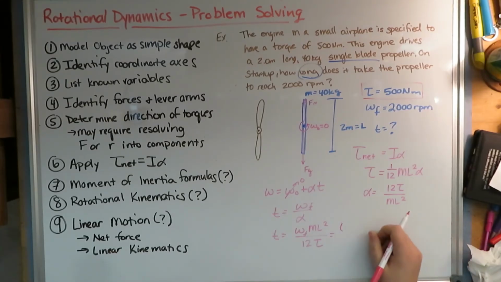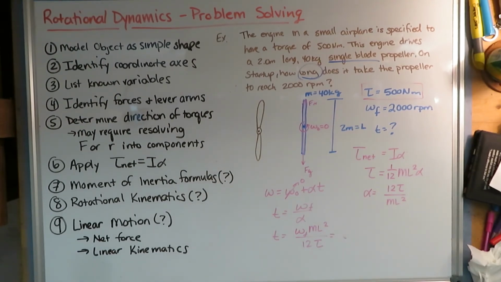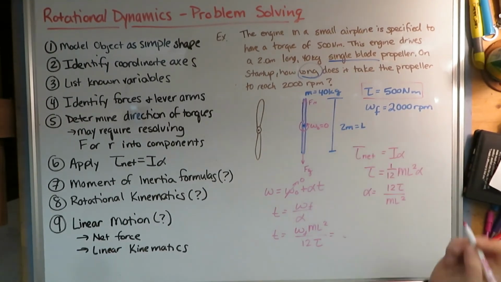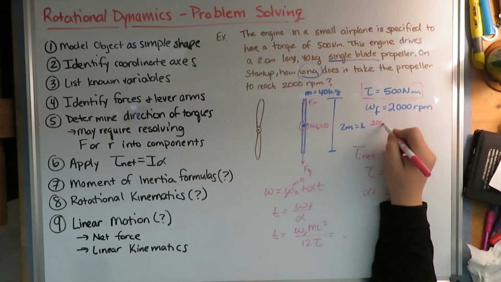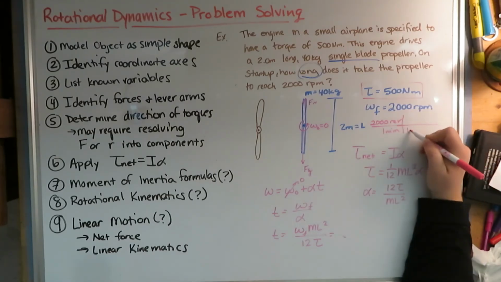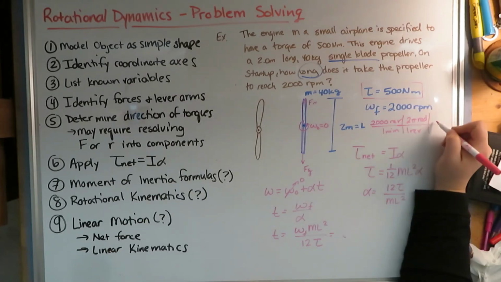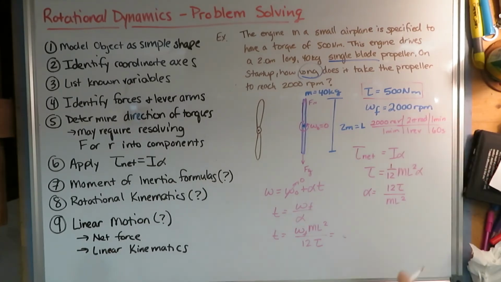2,000 RPMs. Well, that's not the right units. So let's go. Say, all right, 2,000 RPMs. That's 2,000 revolutions for every 1 minute. So 1 revolution is 2 pi radians. And 1 minute is 60 seconds.